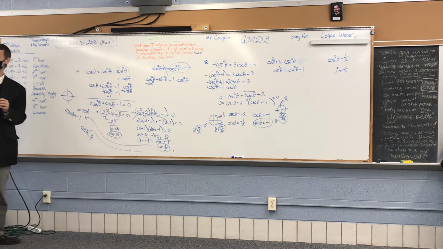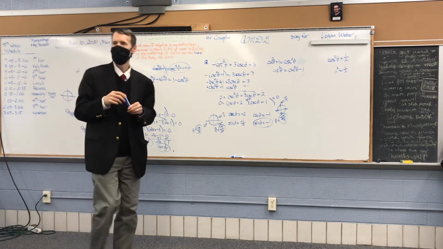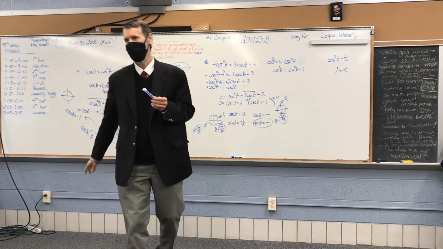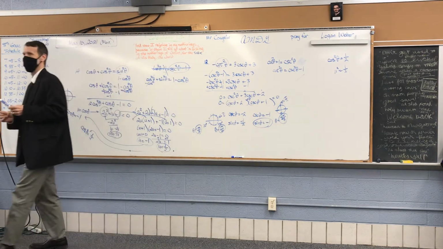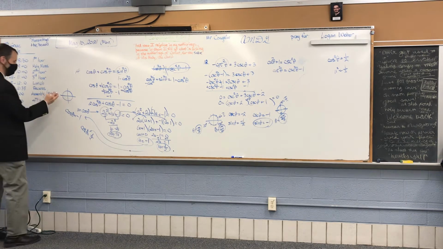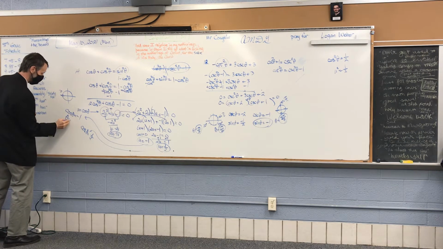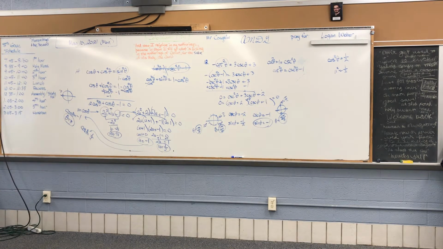What is cosine in the unit circle? Is it left or is it right? Left. How far? All the way. What is that in radians? Pi. Right. So you've got one solution so far, theta's pi.